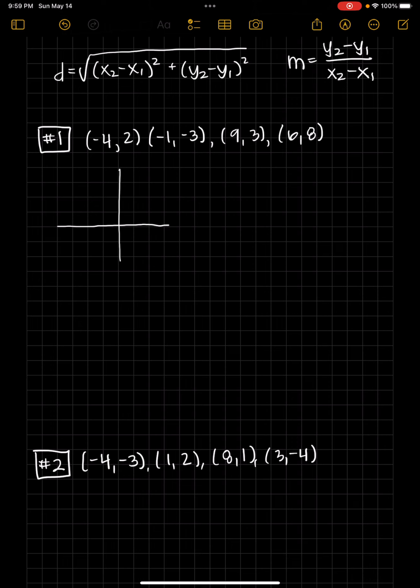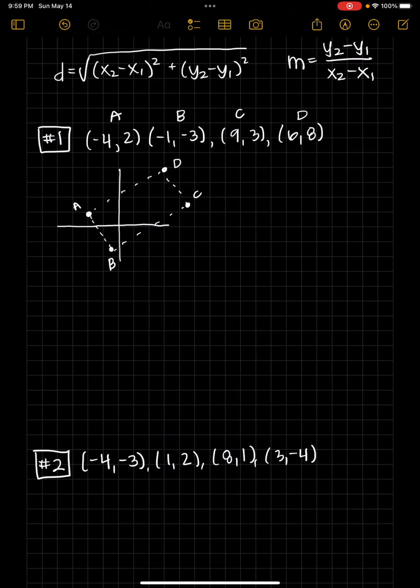So (-4, 2) would maybe be right here. I'm going to call that point A. The (-1, -3) would be right here, and we're going to call that B. Then (9, 3) would be right here, and we're going to call that C. And then (6, 8) would be right here, and we're going to call that D. Okay, so now I can see the quadrilateral I'm looking at.